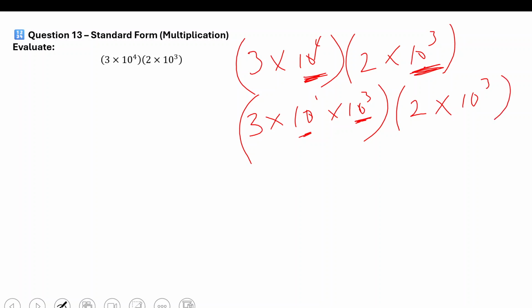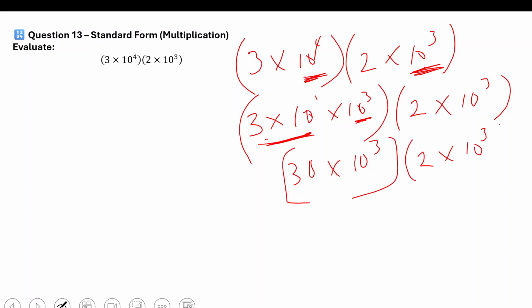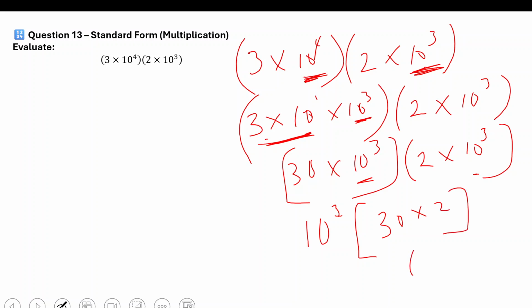So at this point, I can lock these two together and say this is 30 times 10 to the power 3. That's the first bracket. Second bracket, 2 times 10 to the power 3. Now, if you check at this point, I see that I have 10 to the power 3, 10 to the power 3 common. I bring out one of them, understand, factorization. Then I now have 30 times 2, right? 10 times 2 is 60, and times 10 to the power 3.